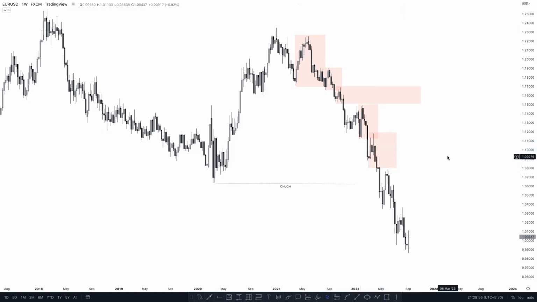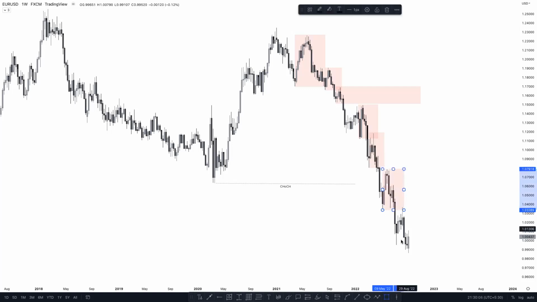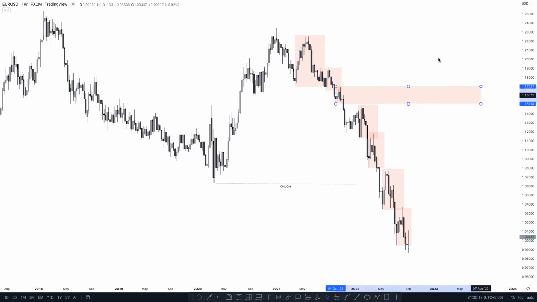And this one also broke and went higher, so this can also be mitigated. This one is also mitigated by this move. This one is also mitigated. So only this order flow is unmitigated, here. So in the next upcoming months, market can test here if market looks bullish, because all order flow is mitigated, only one order flow is unmitigated, which one is here, right?